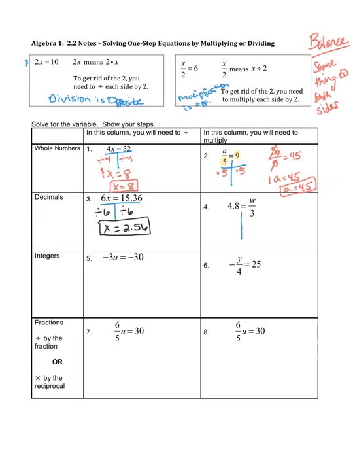All right. Set this one up. And remember what I said. We're going to take the denominator and multiply it by the number on the other side. So 3, okay, I can't talk and punch in numbers at the same time. 3 times 4.8 is 14.4.